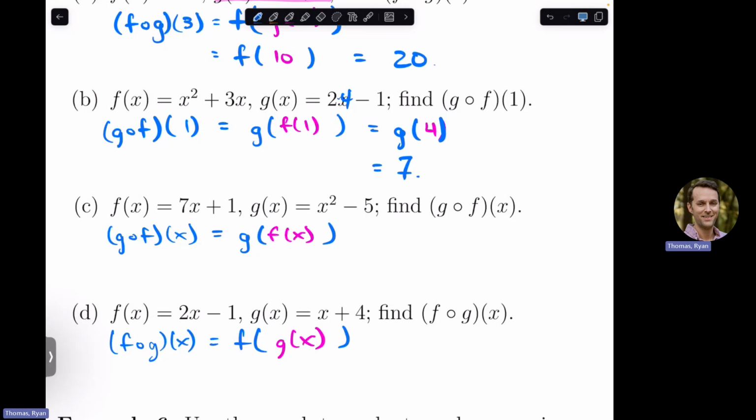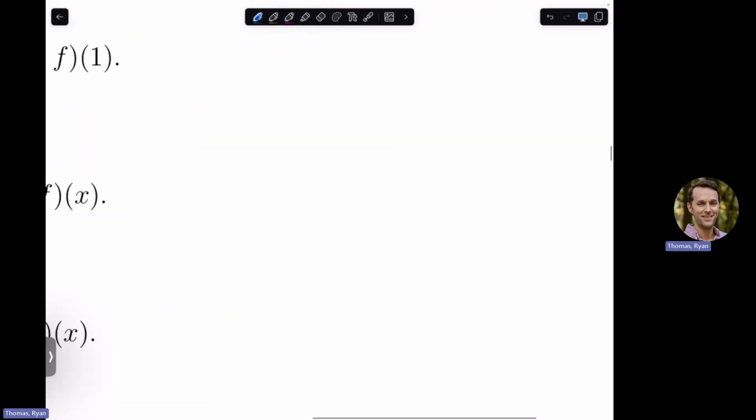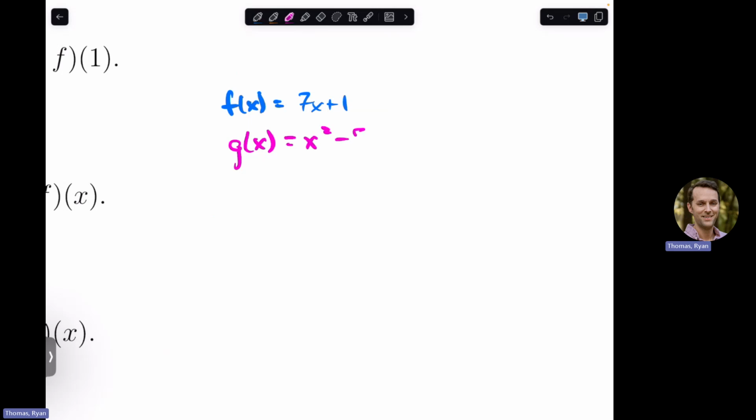Now g of f of x. Let me go over here so I have some more room. f is 7x plus 1. g is x squared minus 5. I talked to several of you about this individually, but just as a reminder about function notation: try not to get hung up on there being an x here and an x there.